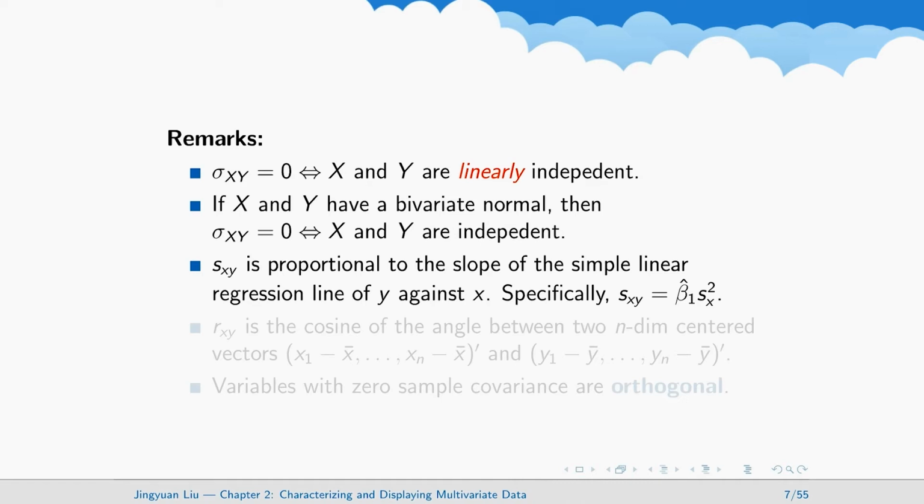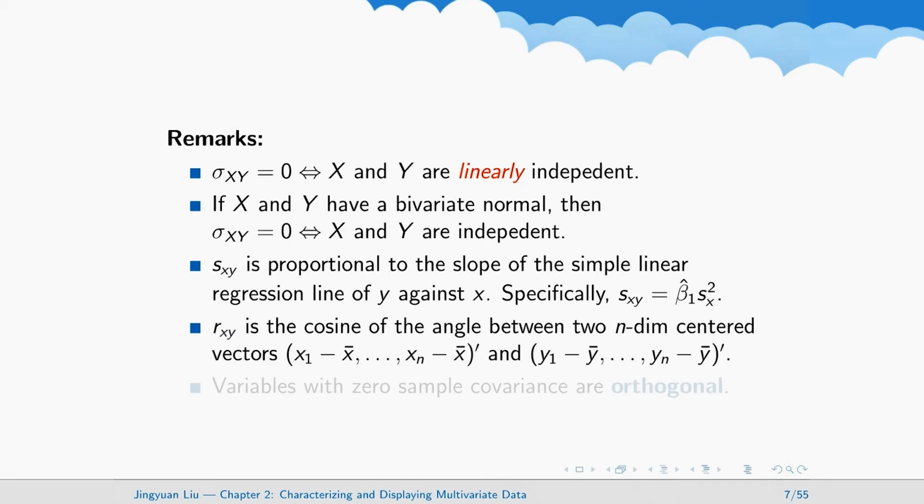Here, beta 1 hat, in the simple linear regression model, which is the coefficient of x, is just the sample covariance over the sample variance of x. So this is proportional to s_xy, and the only difference is this s_xx, which is just s_x squared.